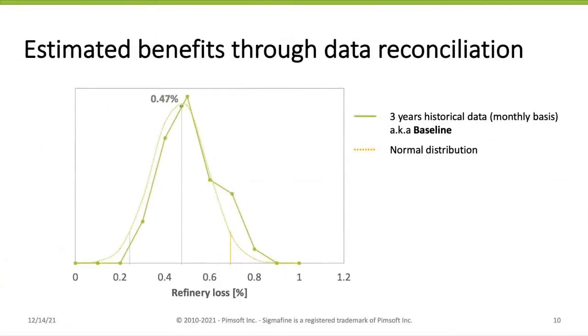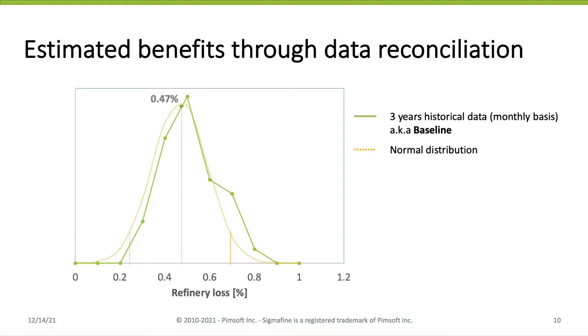Losses, of course, fluctuate over time. So a statistical analysis on the losses is important when doing a loss control program. In this case, the trend in green represents the aggregation of 3 years of historical data based on monthly losses, which is the baseline of the distribution of the refinery losses. In orange, we provided the corresponding statistical distribution.